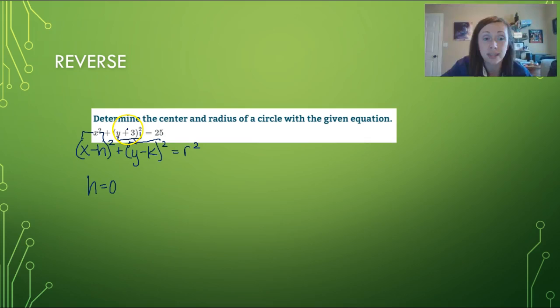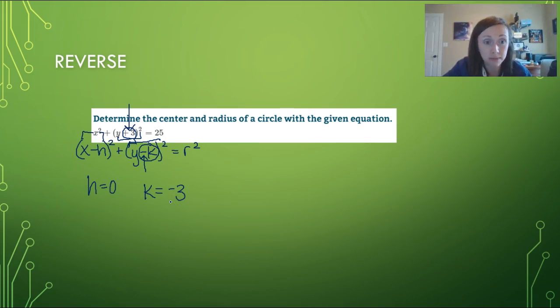So that means that the plus 3 is our negative k. This is where we have to be careful. The formula makes us put a negative sign in front of the coordinate points for the center. So that means anytime the formula is given to us, even though that looks like a positive 3, k is actually a negative 3.